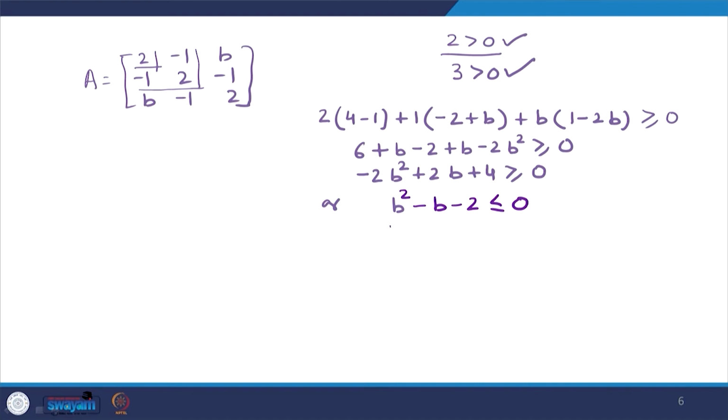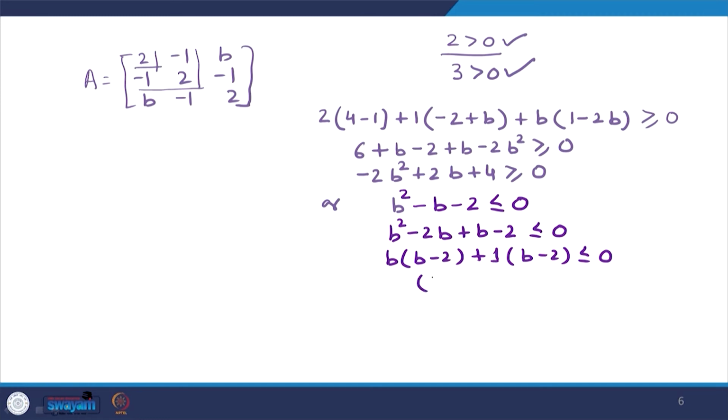So, it is B squared minus 2B plus B minus 2 less than or equal to 0. So, (B minus 2)(B plus 1) is less than or equal to 0.